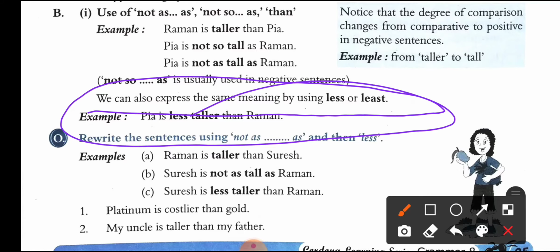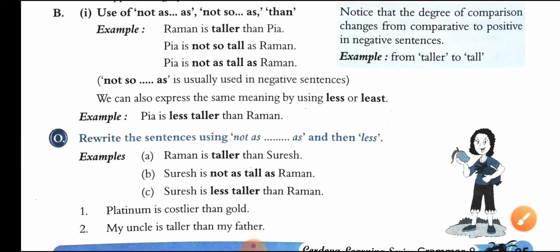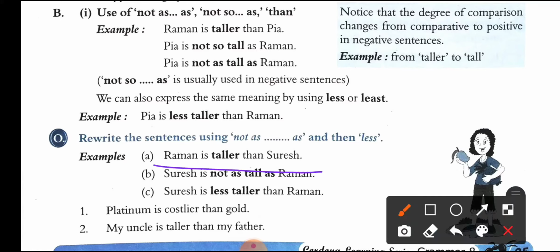Okay, let's do, rewrite the sentence using not as and less. Raman is taller than Suresh. This is the question given to you. So answer is, the first way to change this is with not as: Suresh is not as tall as Raman, and second is Suresh is less taller than Raman.